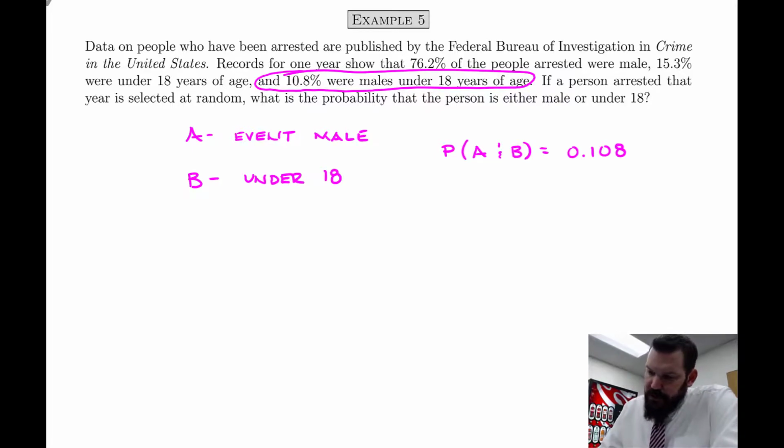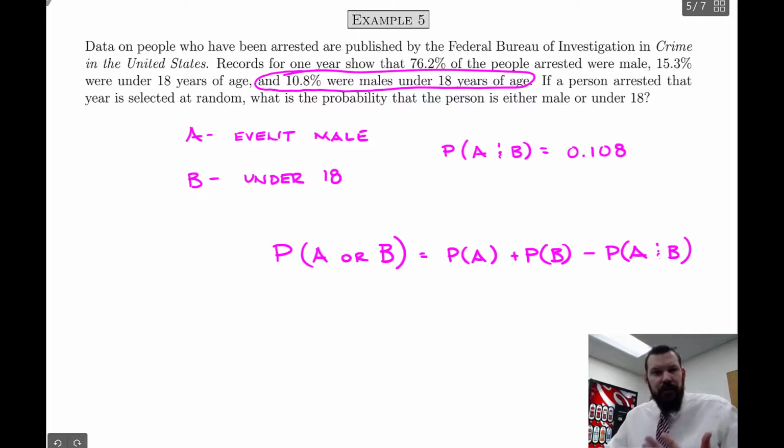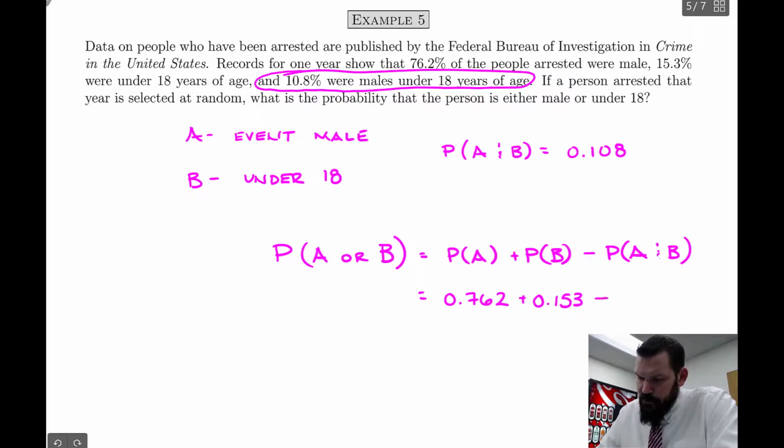So the probability that the person is either male or under 18, the probability of A or B, using the general addition rule, is the probability of A plus the probability of B minus the probability of A and B. The probability of event A is 0.762, the probability of event B is 0.153, and then we subtract the overlap, which is 0.108.